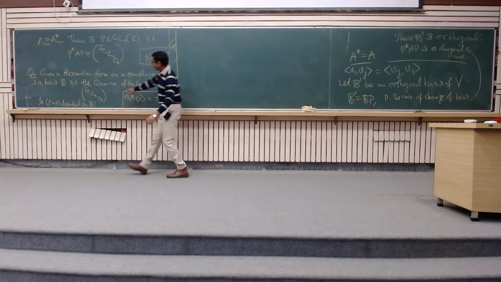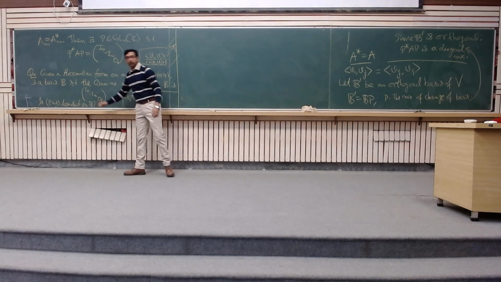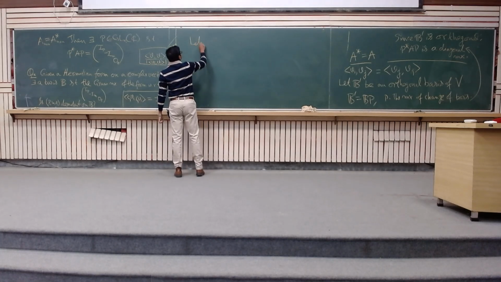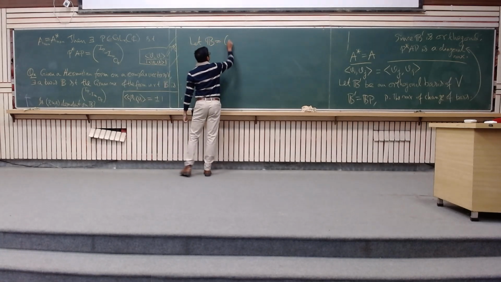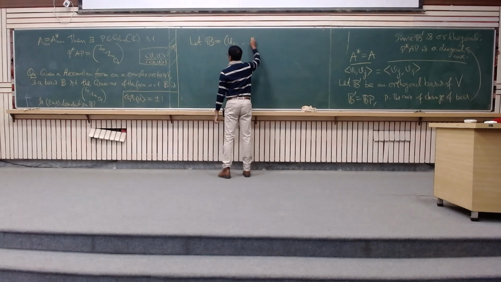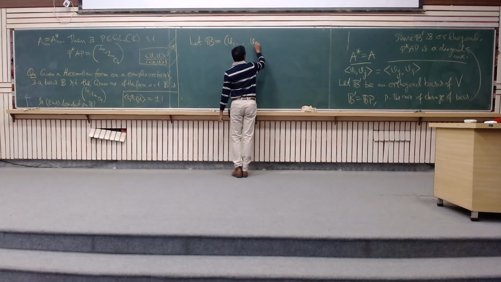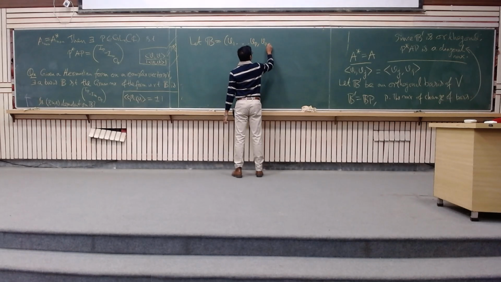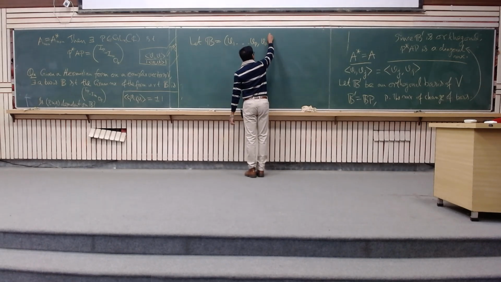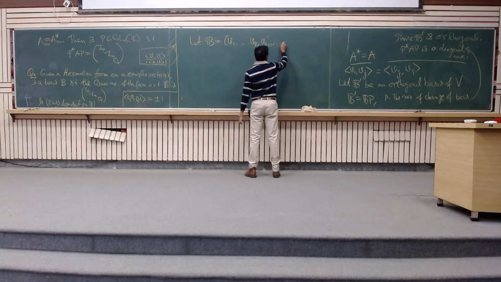So let's interpret this gram matrix with respect to this basis B. Let B be equal to V1 up to Vp, then Vp plus 1, up to Vm, and then Vm plus 1 up to Vz.